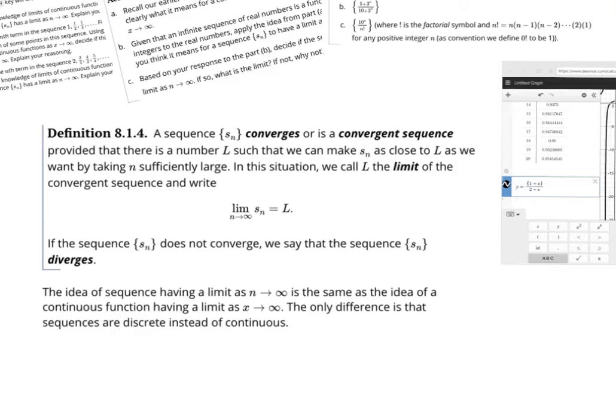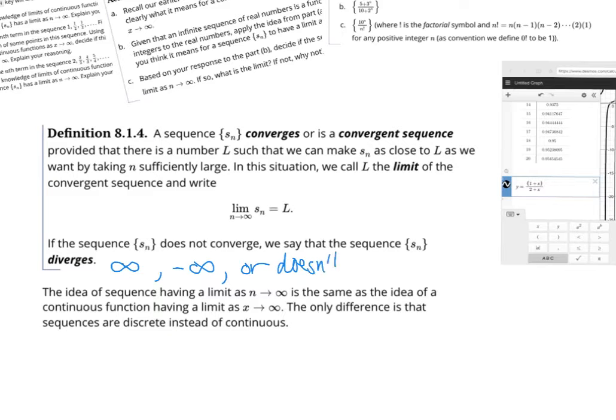If, on the other hand, the sequence doesn't converge, meaning we can't find such a number L, then we say the sequence diverges. And as I mentioned in class, the possibilities for that include that the limit is infinity, negative infinity, or it just doesn't exist.